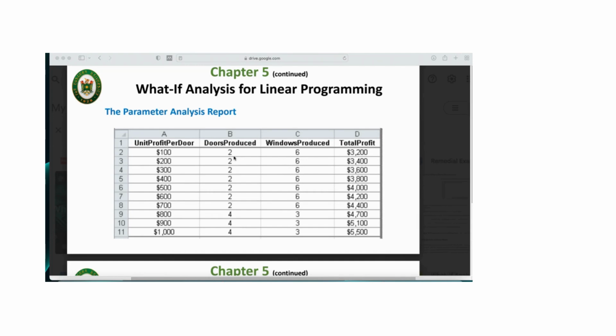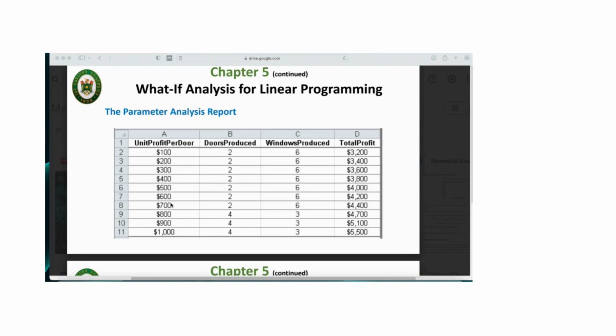That's our concern, the optimal solution. If the optimal solution will change, what kind of change will cause that? What value of the parameter will cause the change?